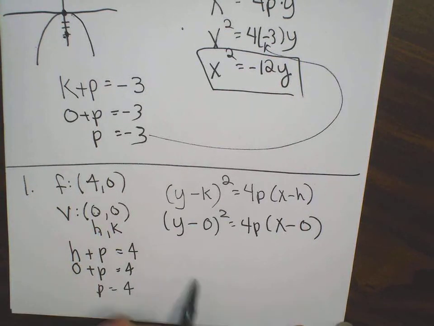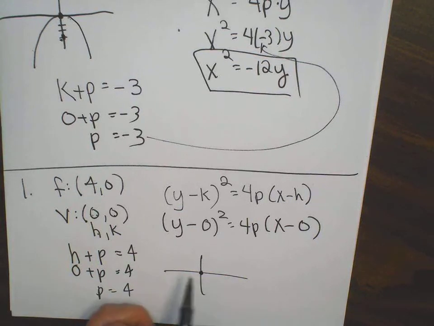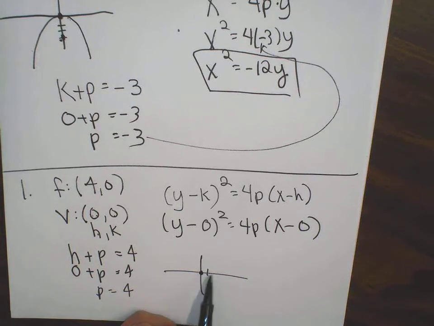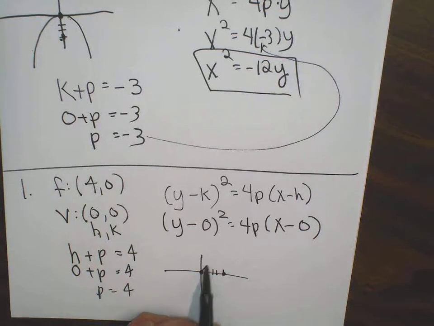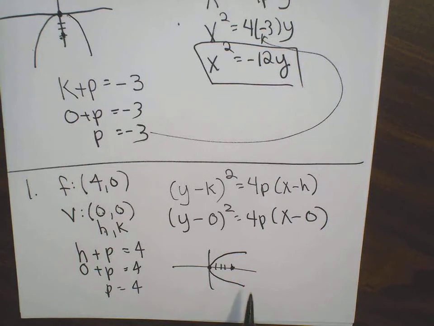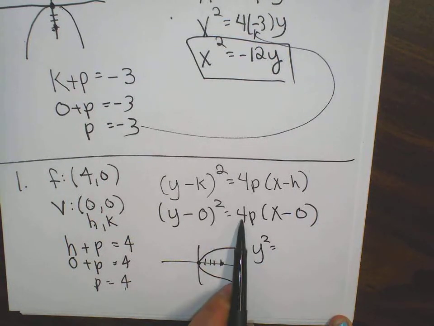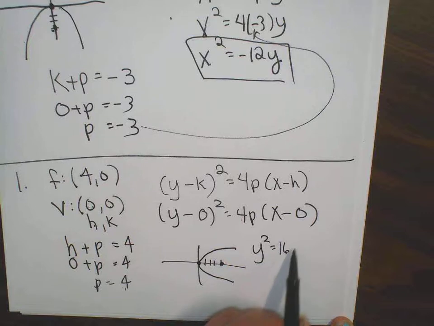And if you want to check to make sure your signs are right, (0, 0) and (4, 0), we'll go this direction because the focus is always inside the bowl. So would p be positive or negative? It's positive. So this is y squared equals 4 times 4, which is 16x.